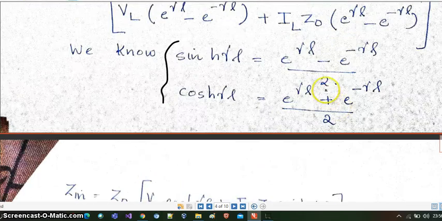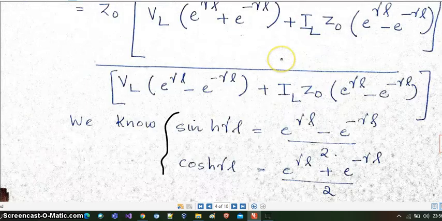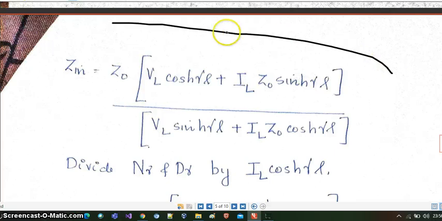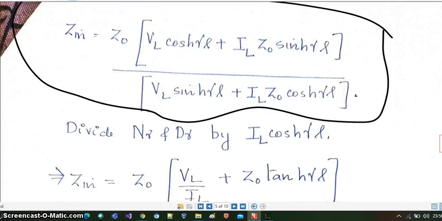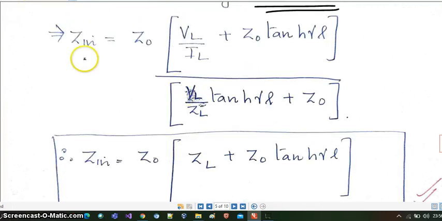You will substitute that in this equation, and now the equation looks like this. The next step is to divide the numerator and denominator by IL cosh gamma L. So finally it will look like this.